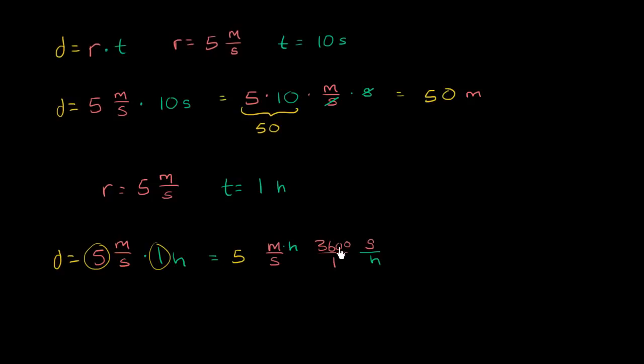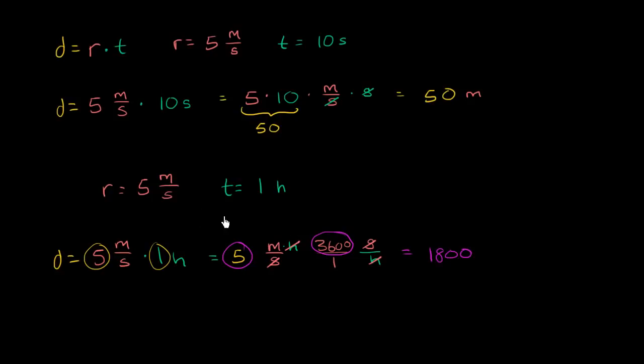So when you multiply, these hours will cancel with these hours, these seconds will cancel with those seconds, and we are left with 5 times 3,600. What is that? 5 times 3,000 would be 15,000. 5 times 600 is another 3,000. So that is equal to 18,000.